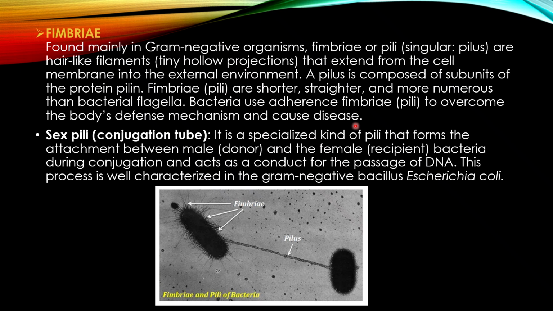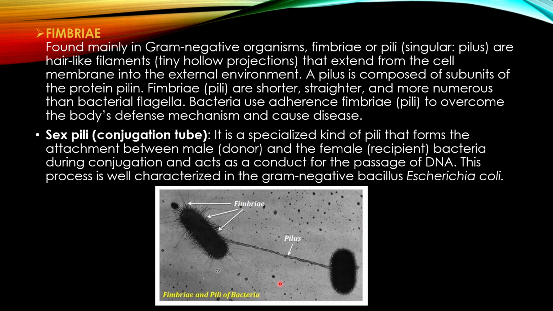Okay, and then next are sex pili, which are also called conjugation tubes. This pilus is a little longer when compared to fimbriae, and its purpose is conjugation. As you can see in the picture here, the small hair-like structure over here is fimbriae, whereas this long one, which is attaching to another cell, is called a pilus. It is a specialized kind of pili that forms the attachment between the male and the female bacteria.